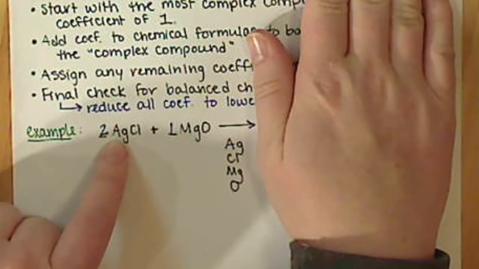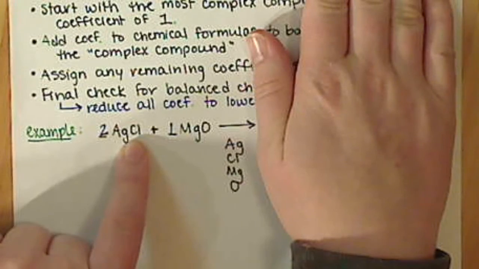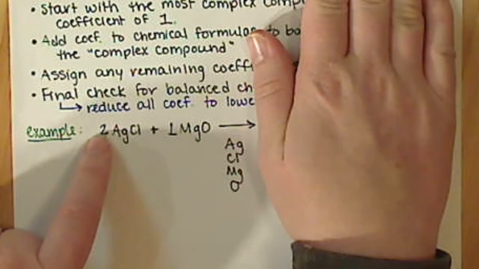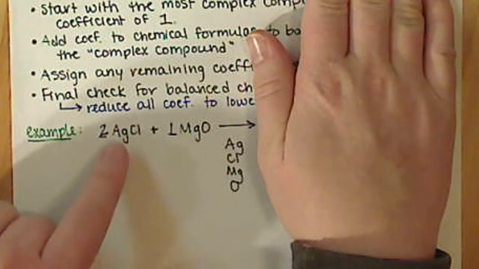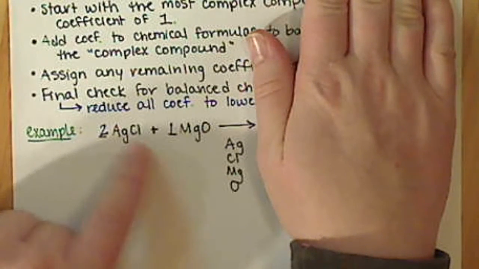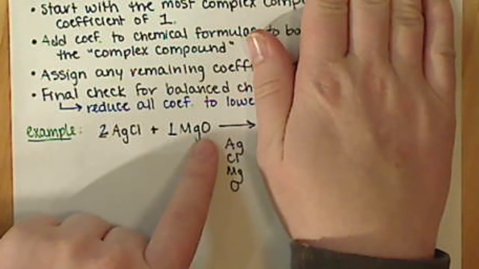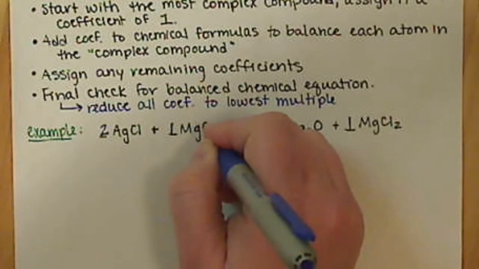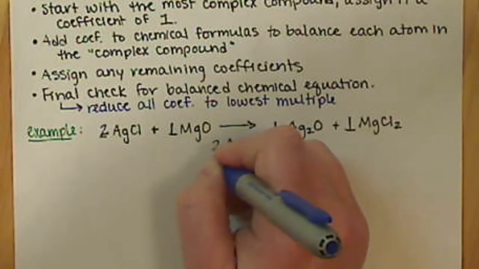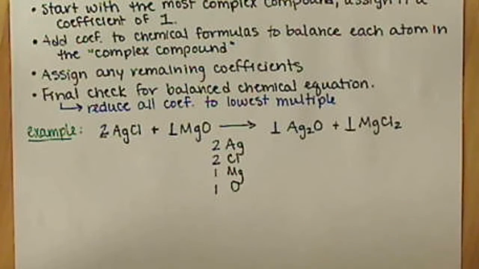I'm not left-handed, so I'll write this down in a second. I have 2 chlorines. That 2 out in front gets distributed to both atoms. So 2 silvers, 2 chlorines, 1 magnesium, and 1 oxygen. So I write those numbers on the left-hand side.